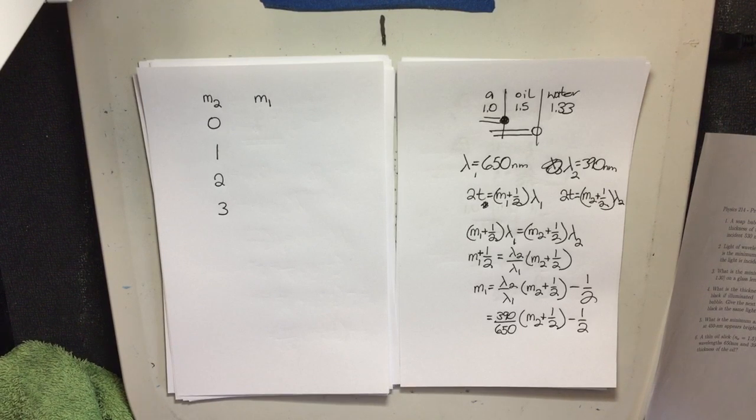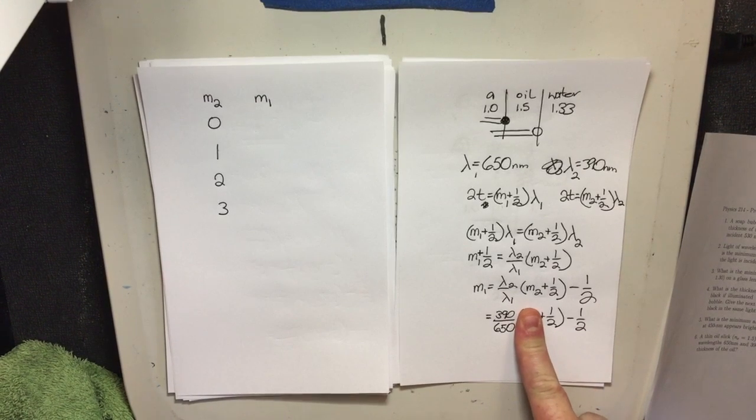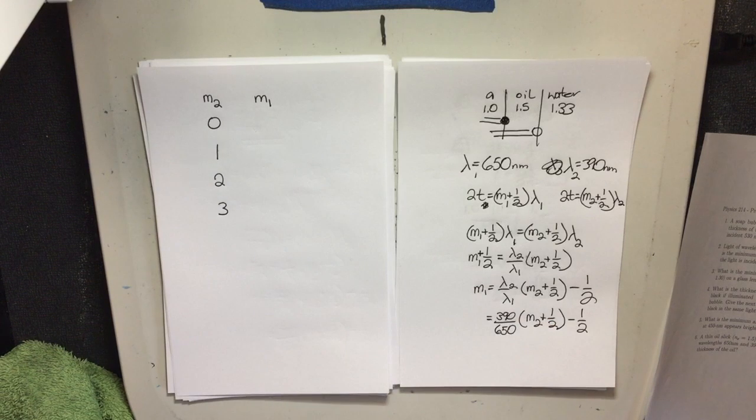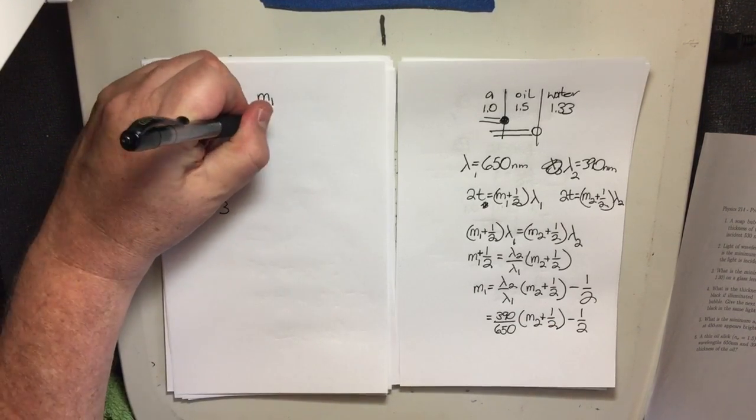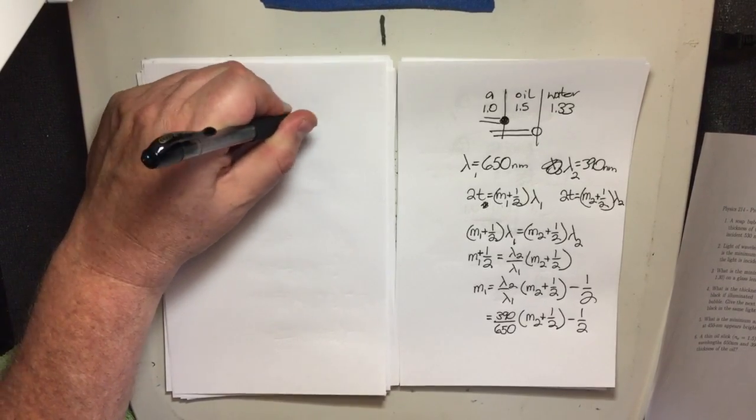So let's see how mean I was on this problem. If M2 is 0, it's 390 over 650 times 1/2, minus 0.5, and I end up with negative 0.2.